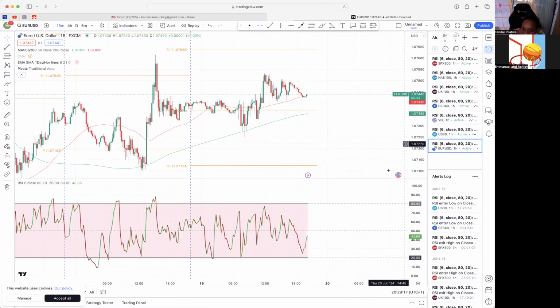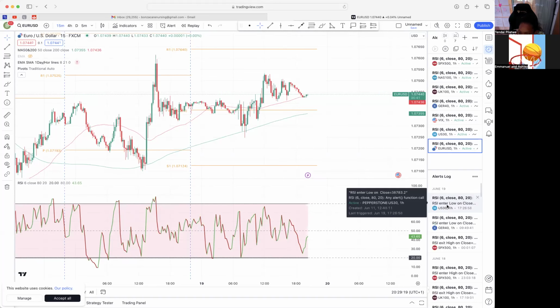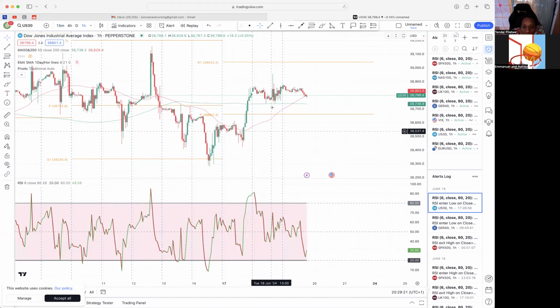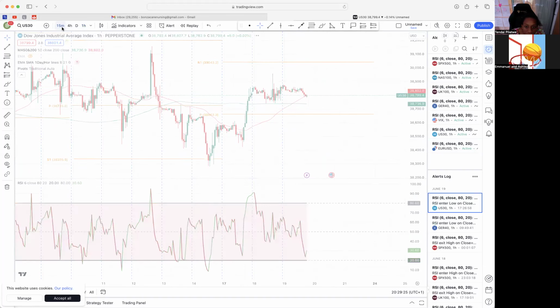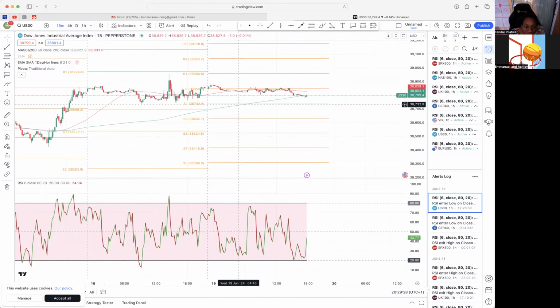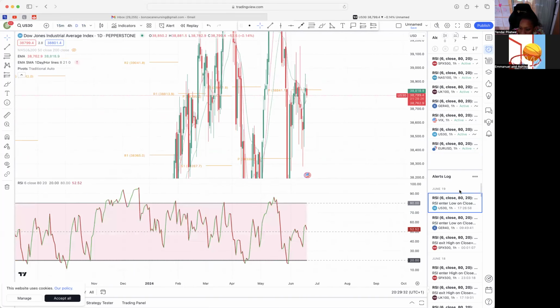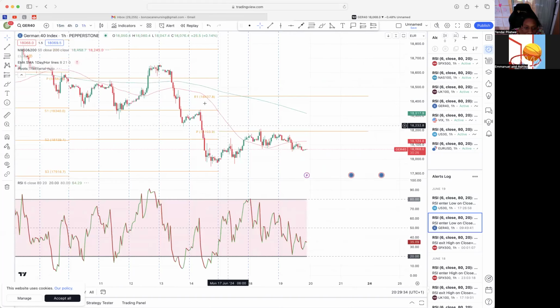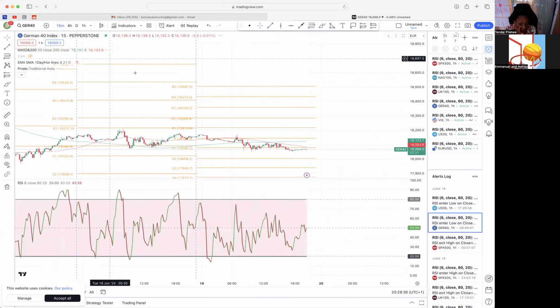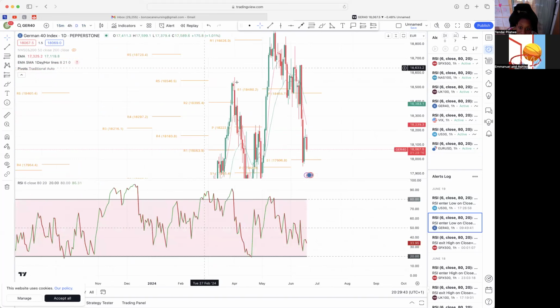So for a good trade, let's check this. Okay, this is hourly, in an uptrend. Daily is in a downtrend. Wow.